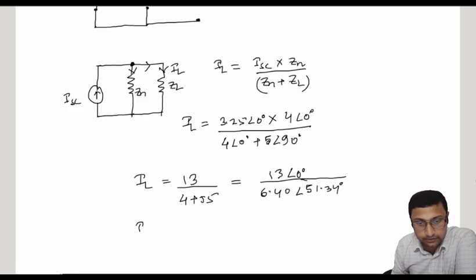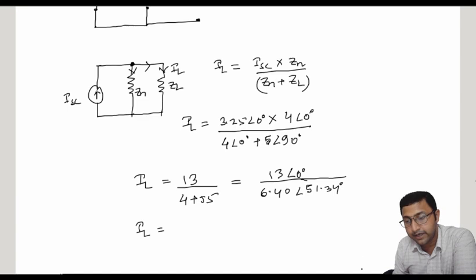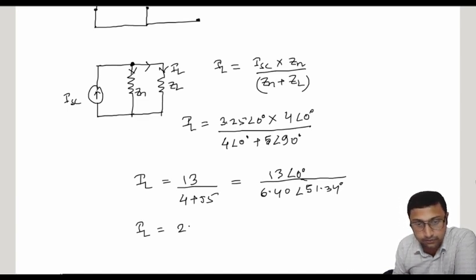So your IL will be, again you divide the two real parts, that means 13 by 6.40. So it will show 2.03, and the angles are subtracted, that means 0 minus 51.34, so it is minus 51.34.